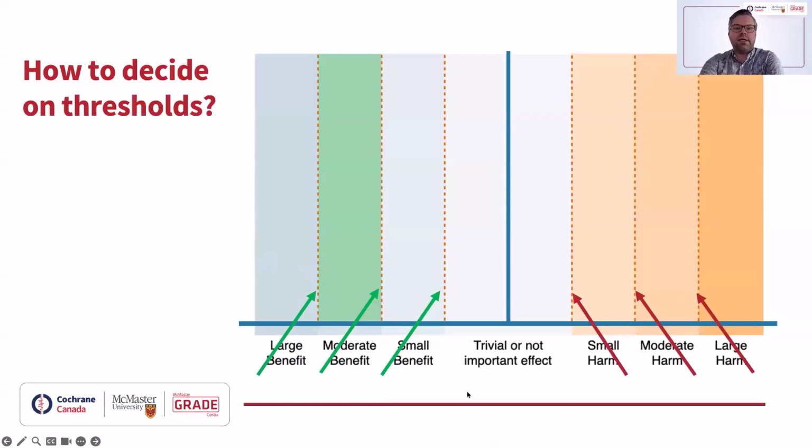What is the corresponding effect size that we would set as our thresholds to inform both our GRADE certainty of evidence rating, and determining what magnitude of effect that pooled effect in our systematic review represents? Again, is it a small, moderate, large benefit, is it trivial or no important effect, or is it a small, moderate, large harm for a given outcome?